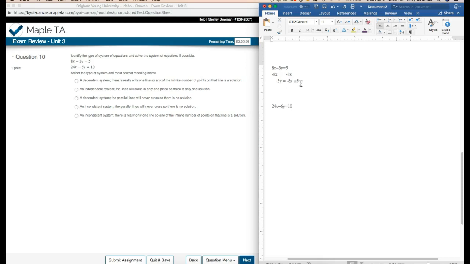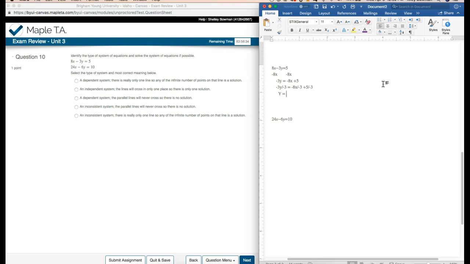Then we're going to continue solving for y by dividing everything by that negative 3 to get rid of it. Every single term: divide by negative 3 and divide by negative 3. So on the left-hand side, we are left with the y, which is exactly what we wanted.